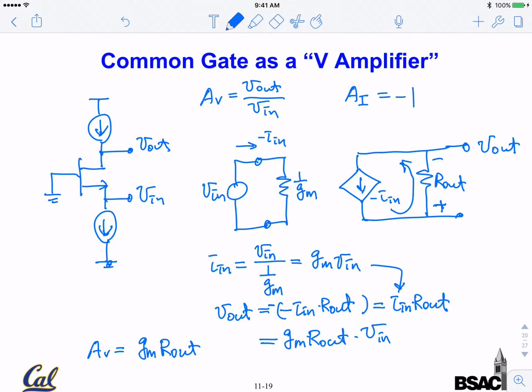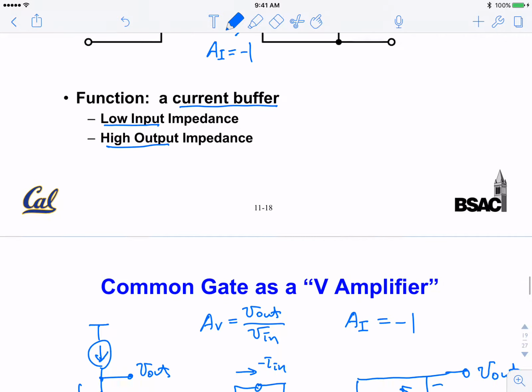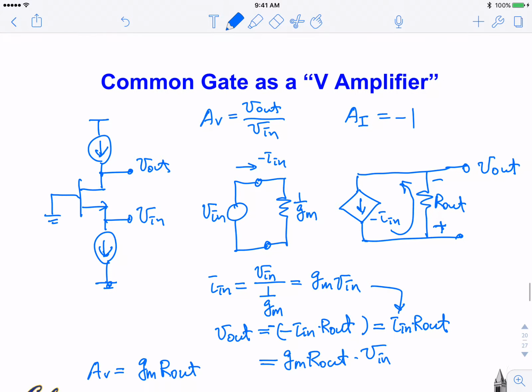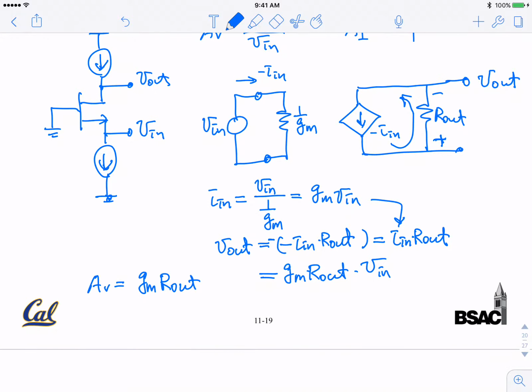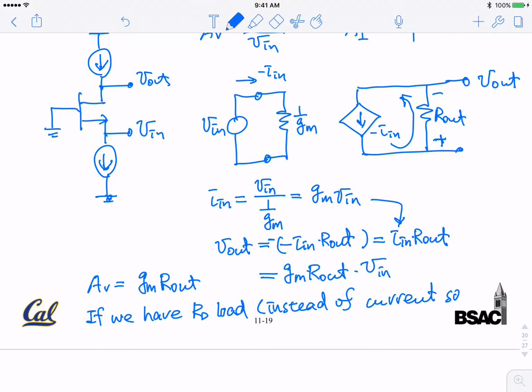Now, if we have an RD load rather than a current source, then that Rout is most likely equal to RD in parallel with something really, really big.